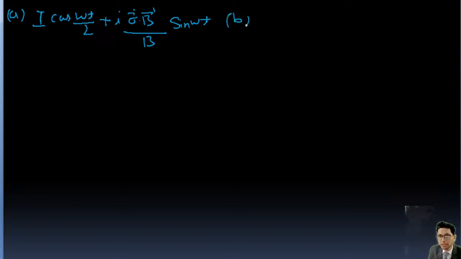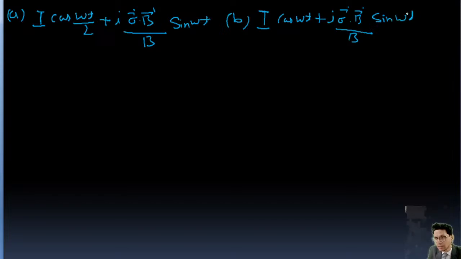Option B is I cos omega t plus iota sigma dot B upon B sin omega t.